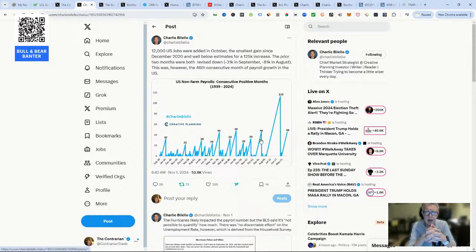Both were revised down, 31,000 in September, negative 81,000 in August. This was, however, the 46th consecutive month of payroll growth in the U.S. Not so oddly enough, the upper tier, when you X out the peak of 2017, that's the expansion that began post-financial crisis.